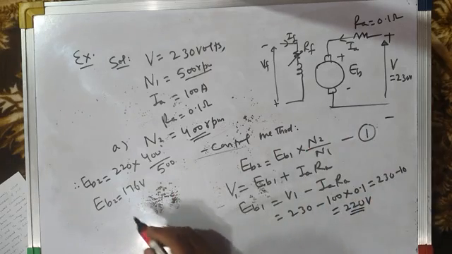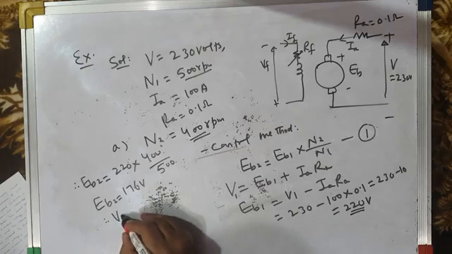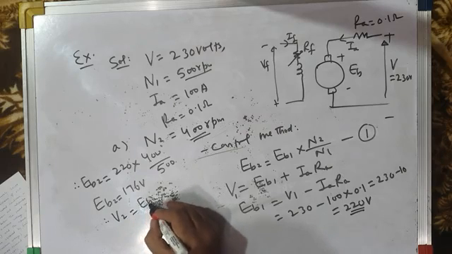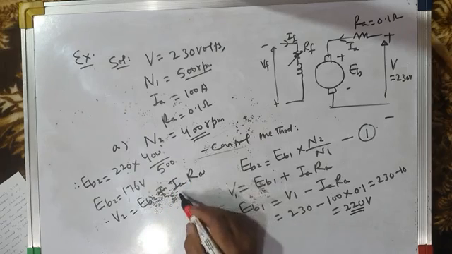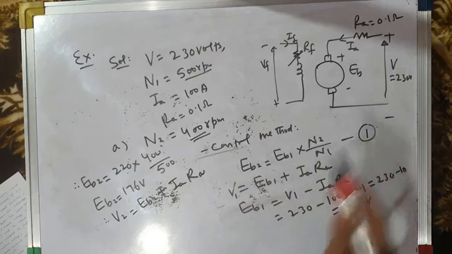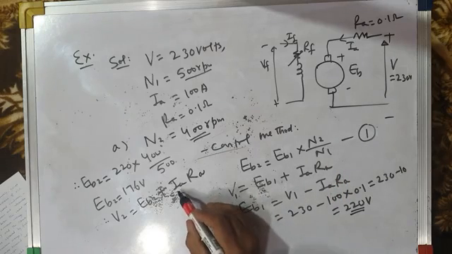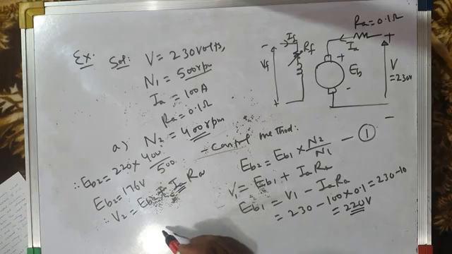So therefore, what is the applied voltage? V2 is equal to EB2 plus Ia into Ra. Ia will remain constant because we have a constant torque load. A constant torque load always draws a constant armature current.